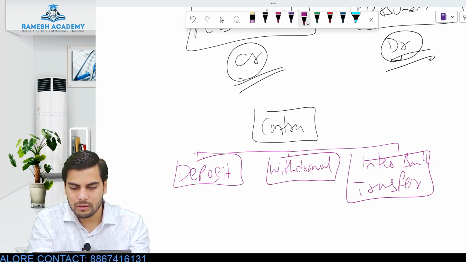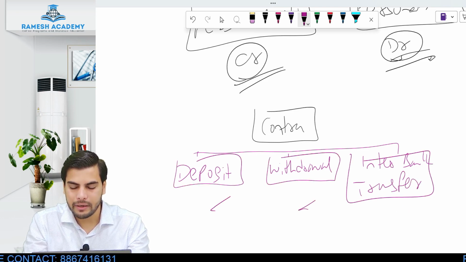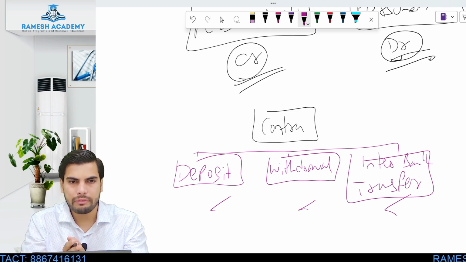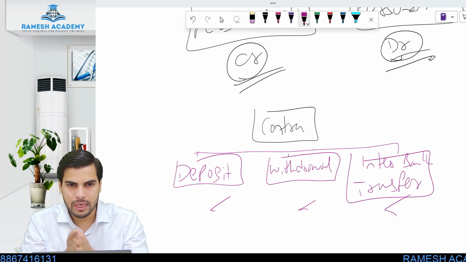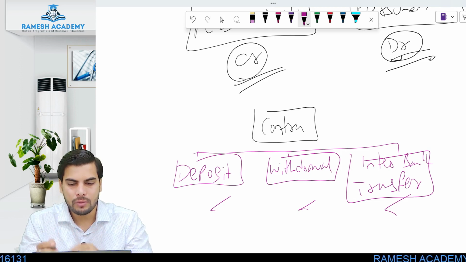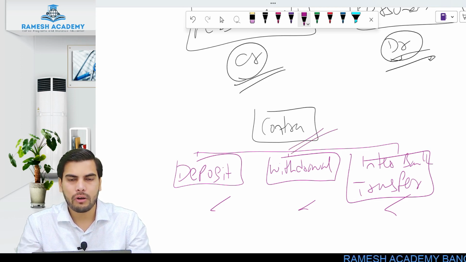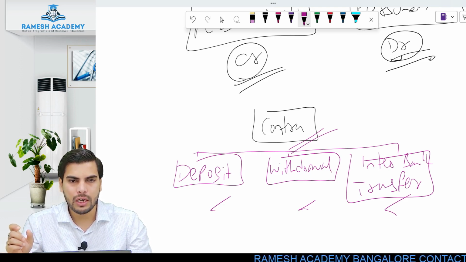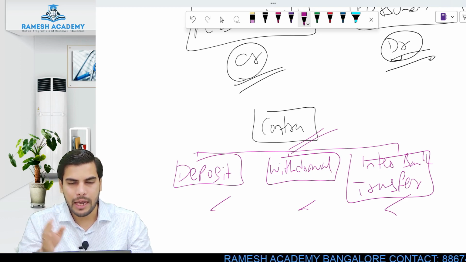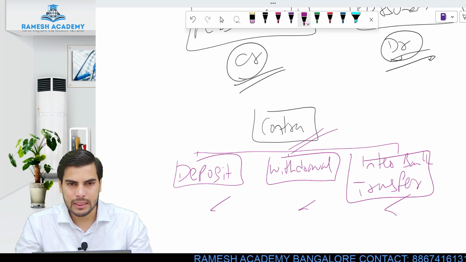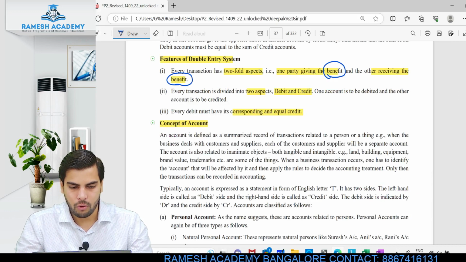So deposit of money, withdrawal of money, and interbank money transfer. Remember the third transaction, money transferred from SBI to HDFC. So these things will be treated as what? Contra entries. What are contra entries? Those entries which comprise only a cash component and a bank component. Whenever in a journal entry you come across only cash and bank components, it would be treated as a contra entry. I hope you all understood this.